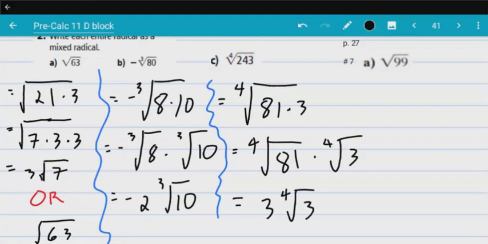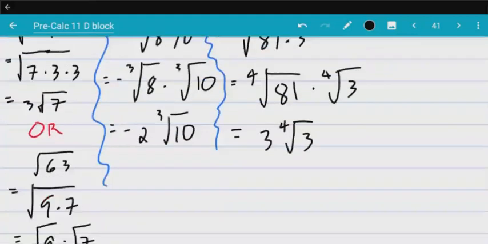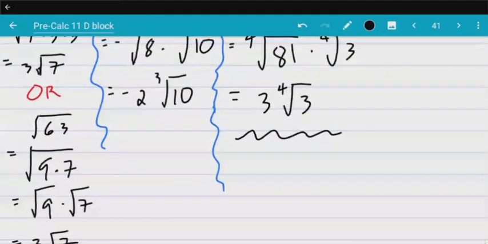Now, I don't know how many of you would have noticed this right at the beginning. The question was the fourth root of 243.